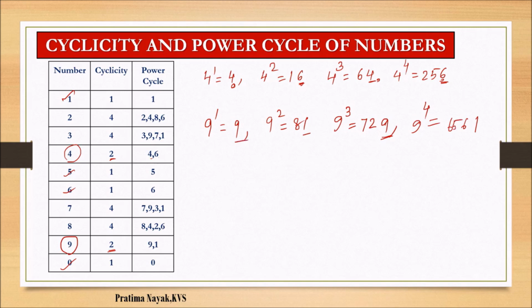So 9, 1, 9, 1, 9, 1, 9, 1. There are only two values in the power cycle. This is also an easier one.